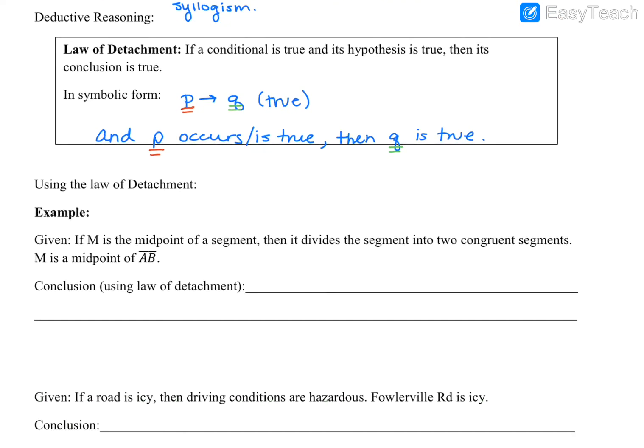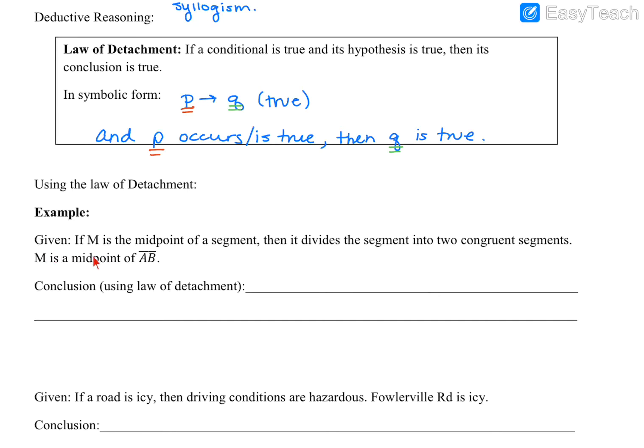The first example is if M is the midpoint of a segment, then it divides the segment into two congruent segments. M is a midpoint of AB. So now we're not just talking about a generic segment, we're talking specifically about the segment AB. So now we can only draw a conclusion. We can't draw a hypothesis.